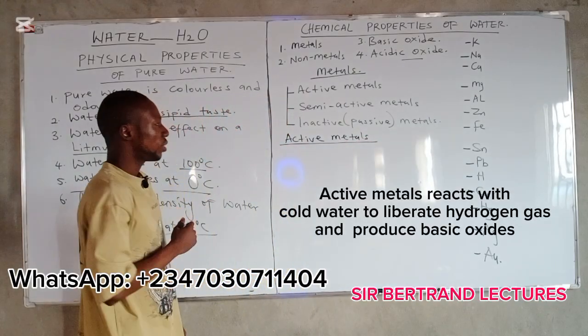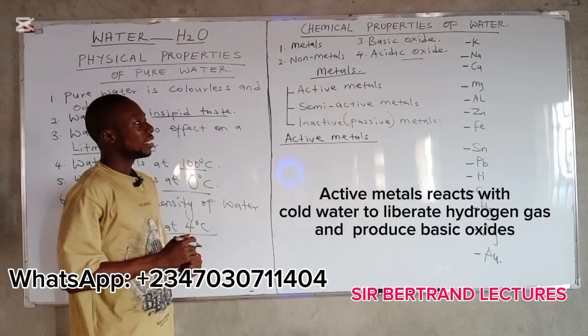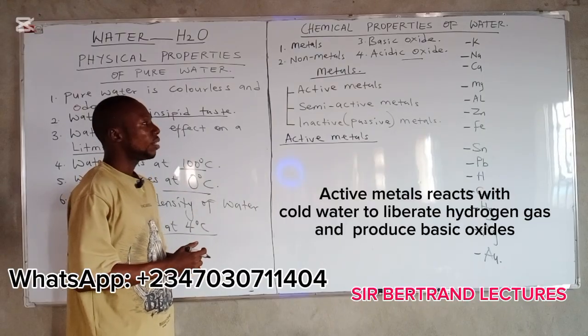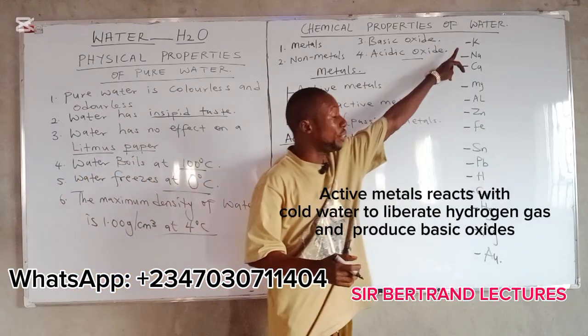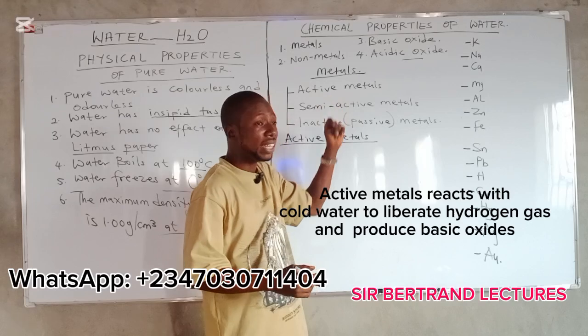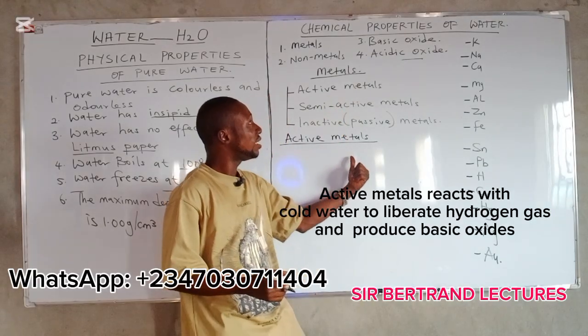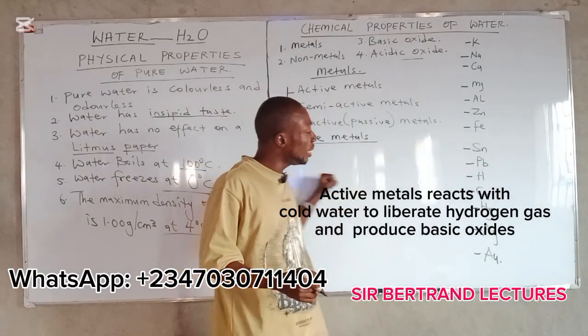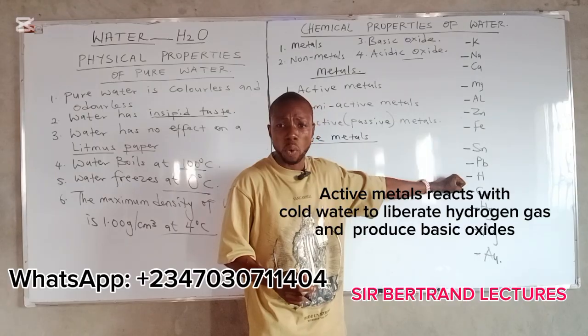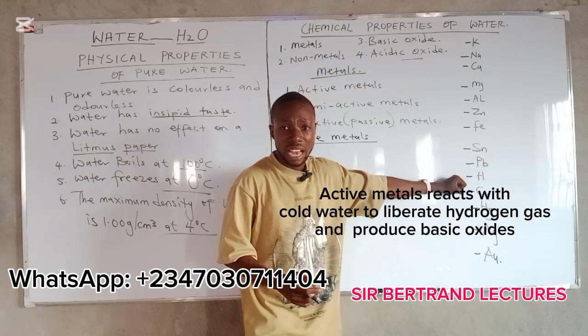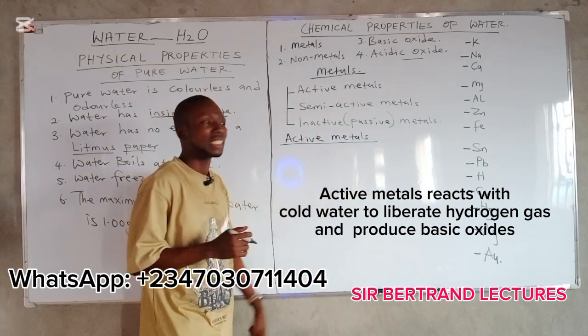Active metals are those metals that react with water because they are very reactive. That's why they are called active metals. These active metals react with water to displace hydrogen in water as a gas and form basic oxide.